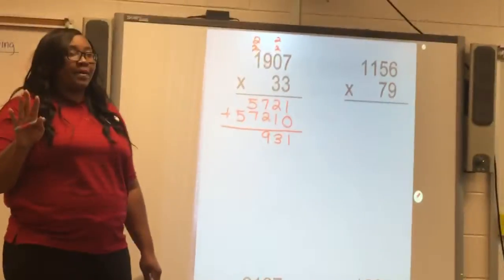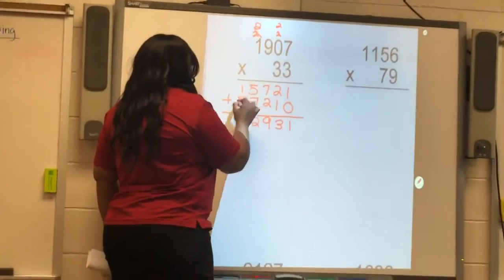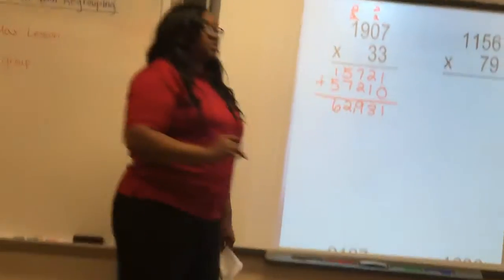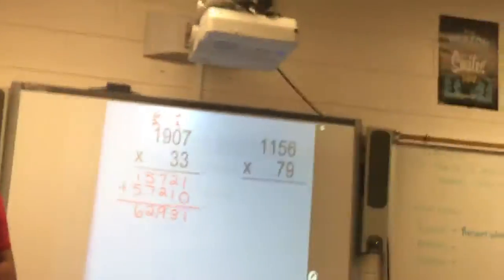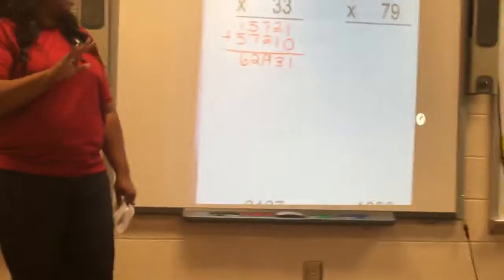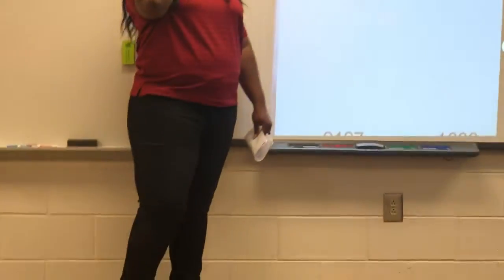Now this is another regrouping activity that we've done in the past with addition, right? So we have 12, we put our 2 here, we carry our 1. 5 plus 1 gives us 6. So now we have 62,931. Now that's how we're gonna do our multi-digit multiplication, all right?